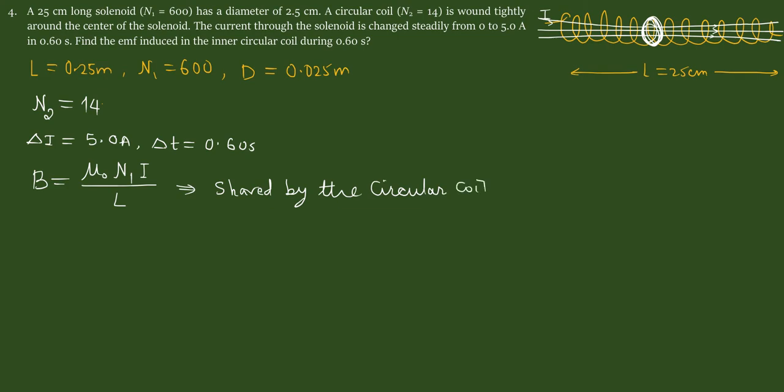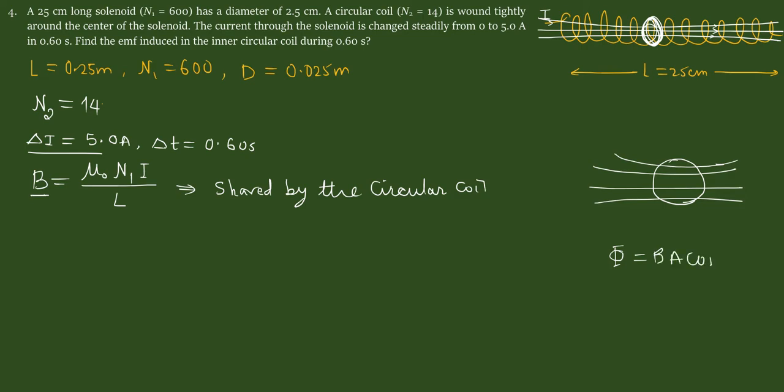And we also know that this I is changing, and because of the change in I, there is also change in B. So if this is the circular coil and there is magnetic field going through the circular coil, we have the flux, because flux is B A cosine theta.